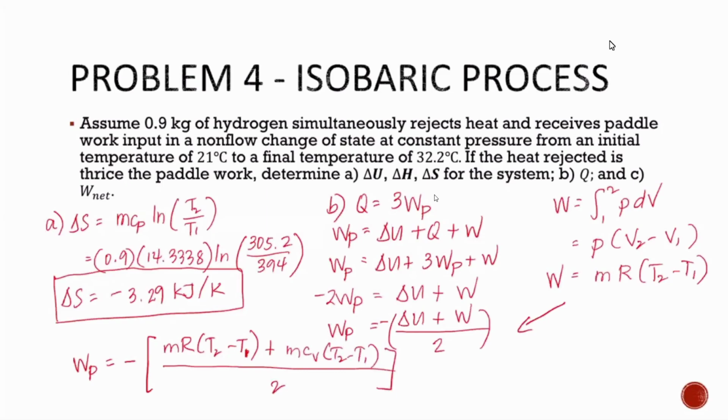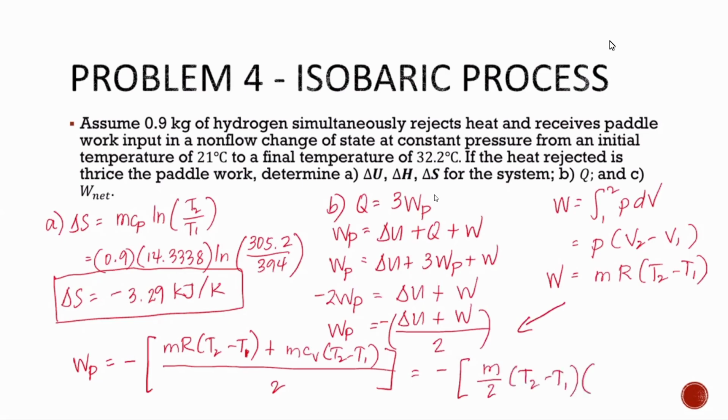Ayan. So, derive natin. Anong common sa kanila? Dun sa numerator, common yung T2 minus T1. So, ilabas ko na rin yung 1/2, lagay ko na lang kay 2, times T2 minus T1.